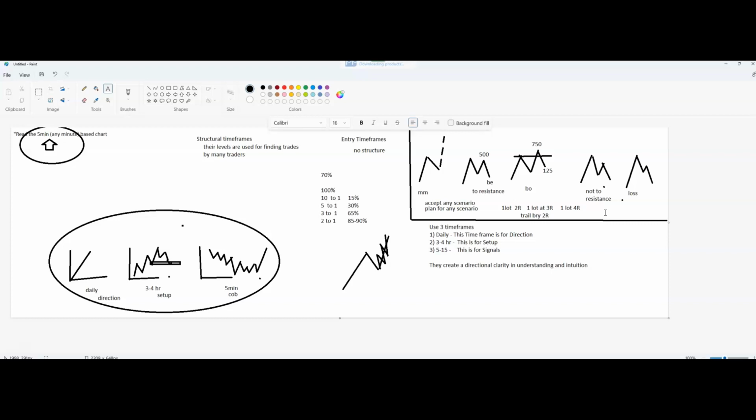In my opinion, it is much better and prevents tilt, prevents regret, prevents just sitting and thinking and doing all this backtesting and all of that time wasting, right?